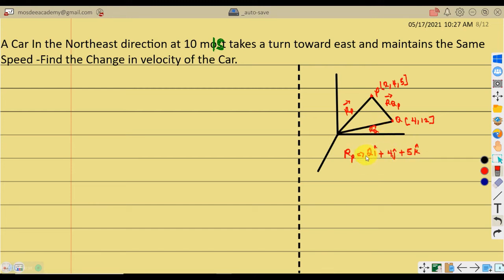And the position vector of Q, RQ, will be equal to, with respect to standard unit vectors, 4i cap, I hope students are following, that's the XYZ plane, plus j cap, plus 2k cap. So that is about that.